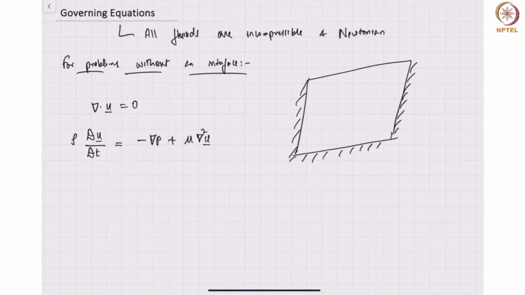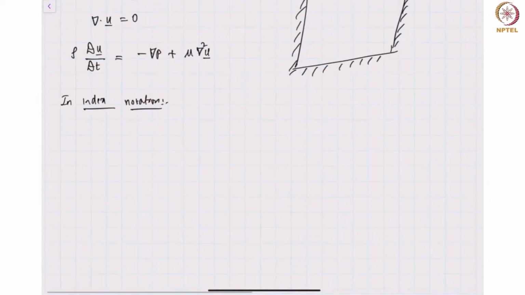And if I were to write down these equations in index notation, I will recognize that the velocity vector u has three scalar components, where e1, e2, e3 are unit vectors in the 1, 2, and 3 direction respectively.